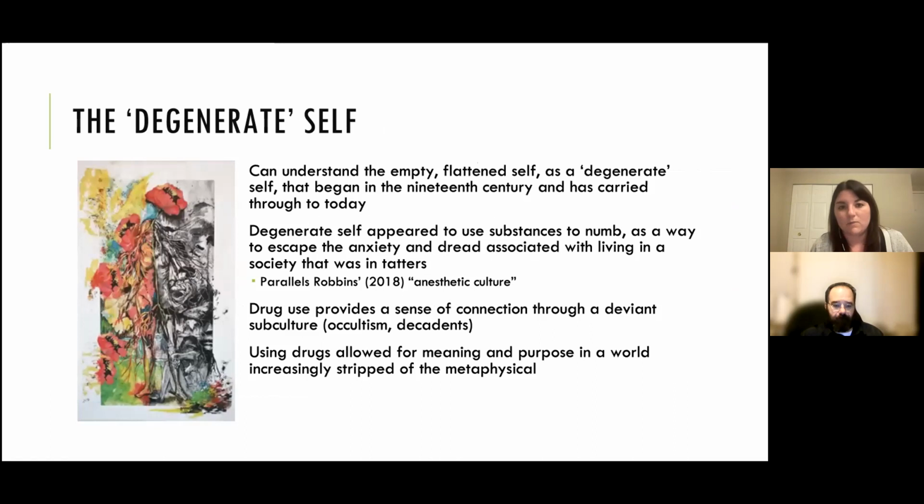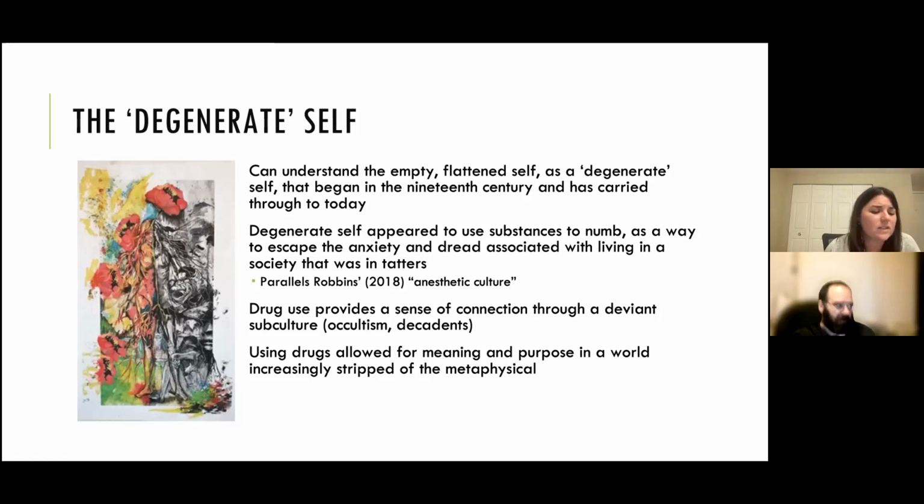Another theme that we see arising from this analysis is this idea of the degenerate self. So we can understand this sort of empty, flattened self, which I reference from Philip Cushman's idea of the empty, flattened self, as really a degenerate self that begins in the 19th century and carries through to today. So we understand the empty self as trying to fill an unfillable void, this flattened self as a self attempting to sort of shape-shift as a way to entertain, impress, avoid the other, replace the other with a drug, avoid intimate relating.